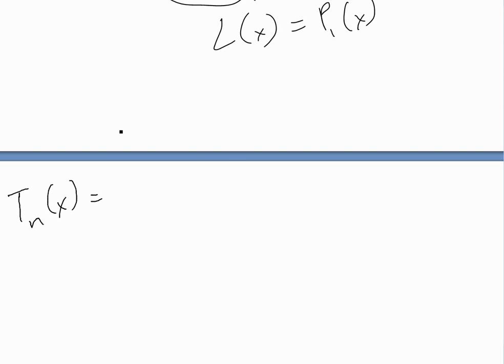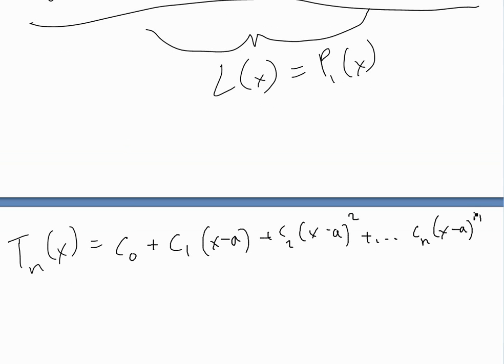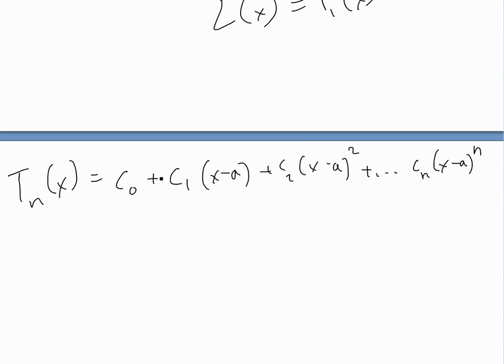Instead of settling with quadratic, we'll write it like this: c0 plus c1 (x minus a) plus c2 (x minus a) squared, and it keeps going all the way to cn (x minus a) to the n. So this is just further and further.